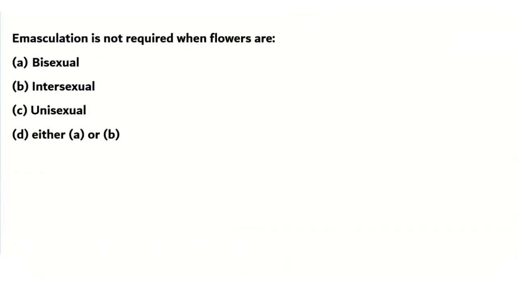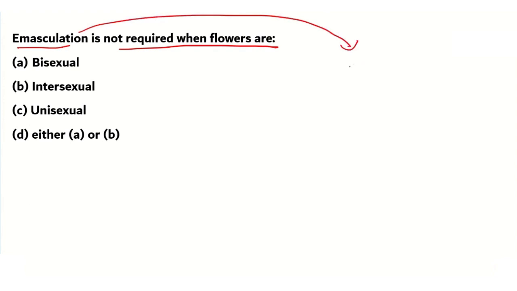Now let's look at this question. Emasculation is not required when flowers are: A, bisexual; B, intersexual; C, unisexual; D, either A or B. Before going into this question, we need to know what emasculation is.